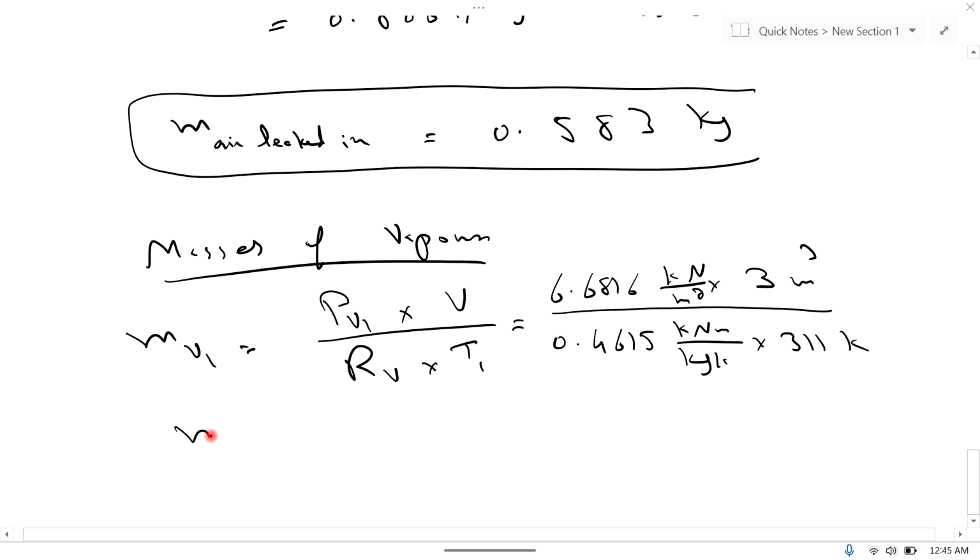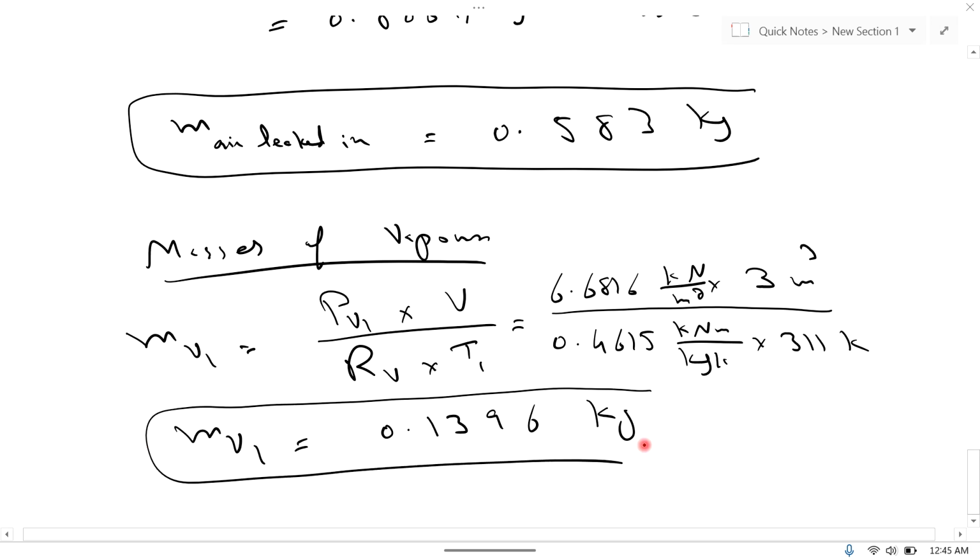So mv1 is equal to, simply calculate this, 0.1396. The unit is kilogram, because kilo is cancelled with kilo, Newton with Newton, per square meter and per meter is per cubic meter cancelled with cubic meter, Kelvin is cancelled with Kelvin, so the unit is kilogram.